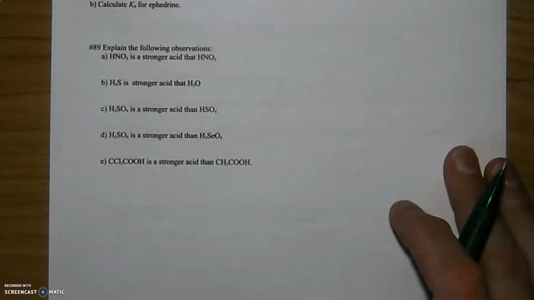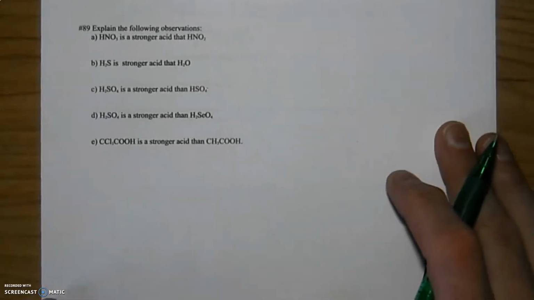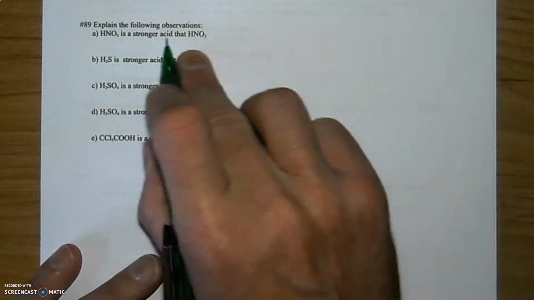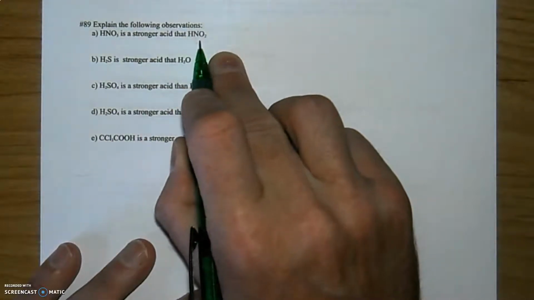All right, let me focus this in just a little bit. All right, explain the following observations. So we have the answer, we just have to go in and talk about it. Nitric acid is a stronger acid than nitrous acid.